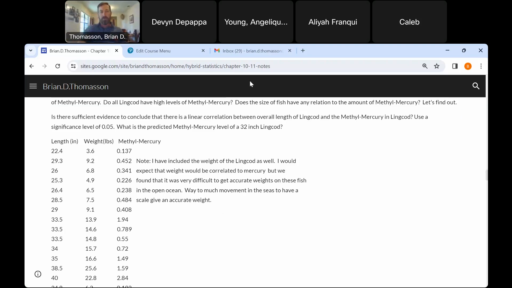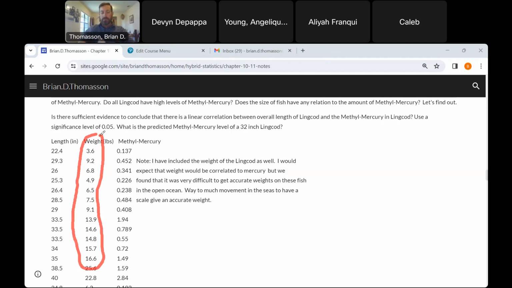The problem with these weights is I know how they were collected because I did it. We would catch one of these lingcod, and we had this little digital scale, and you'd hook it on the fish's jaw and hold it up. After like 3 or 4 seconds, the scale would lock into its weight.